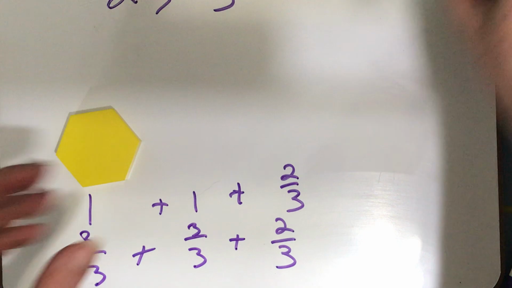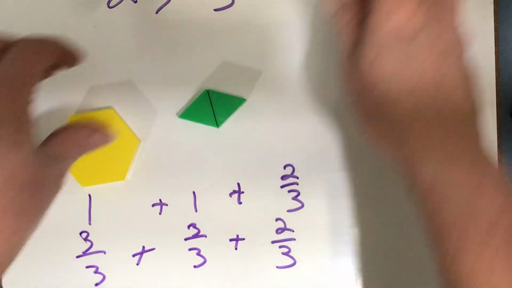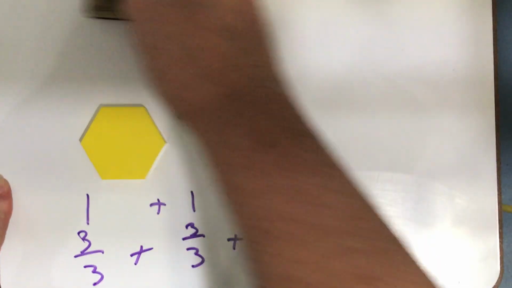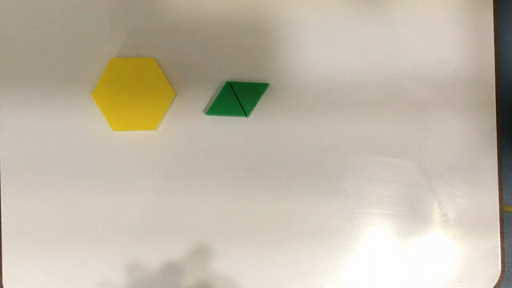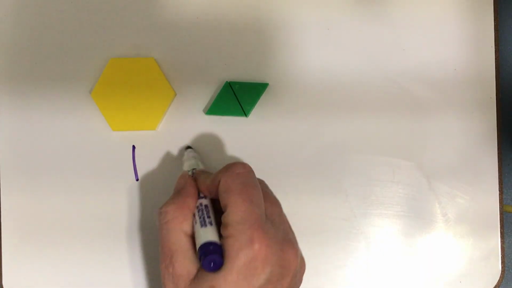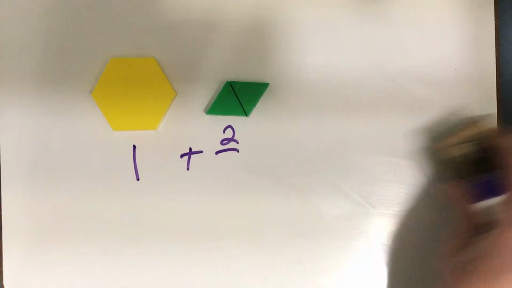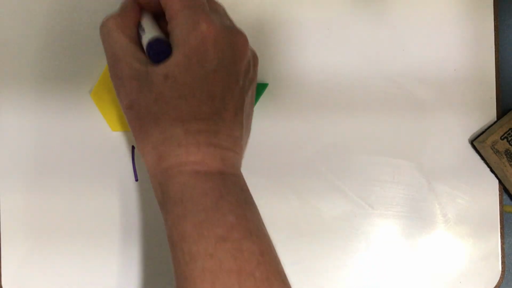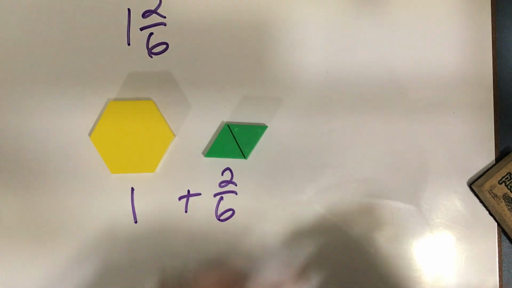Or maybe I'll have 6ths instead of thirds this time. Let's have 1 2/6, and I want to rename that as an improper fraction. There I have 1 plus 2/6. I know that my whole is equal to 6/6.